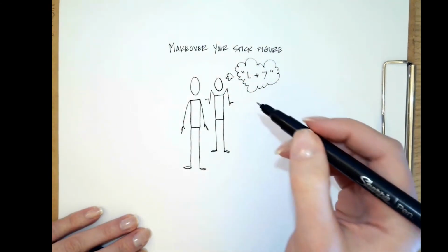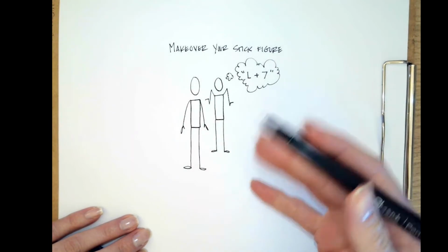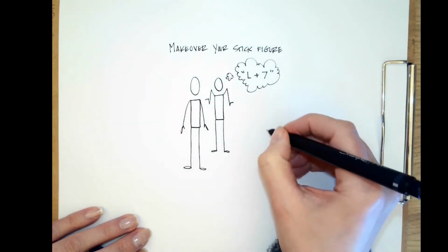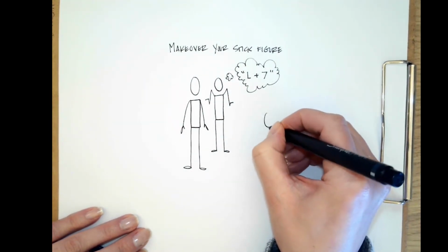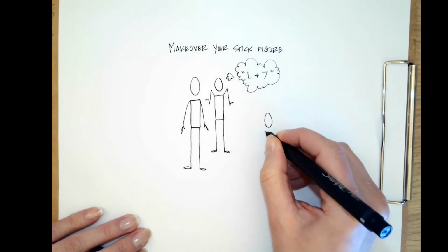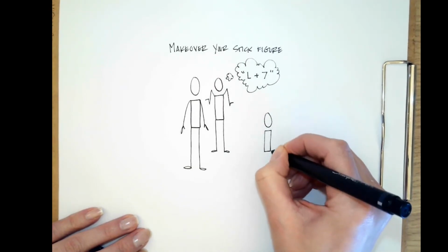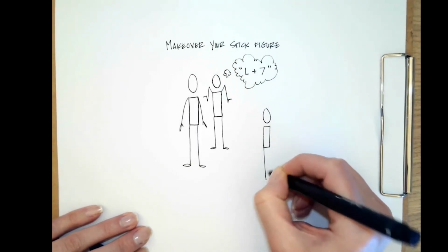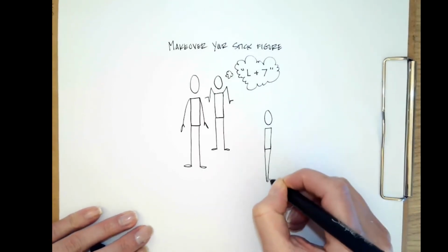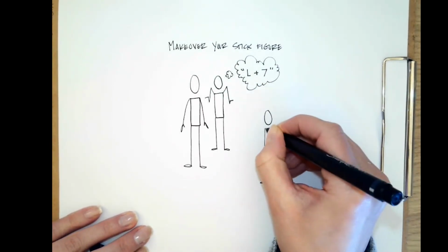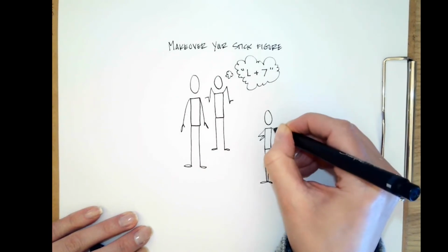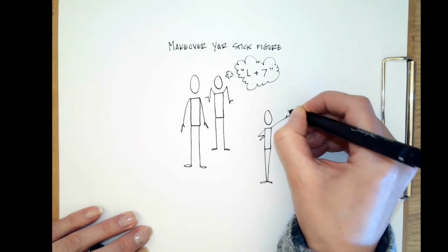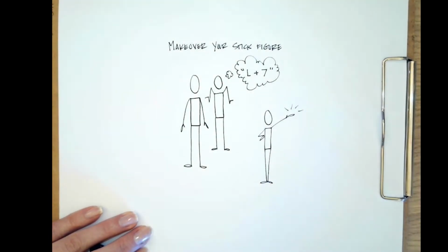So to go beyond this, if you wanted to give your stick figure a little bit more dynamism, maybe this person is presenting. You can do one arm in. So that would be somebody presenting.